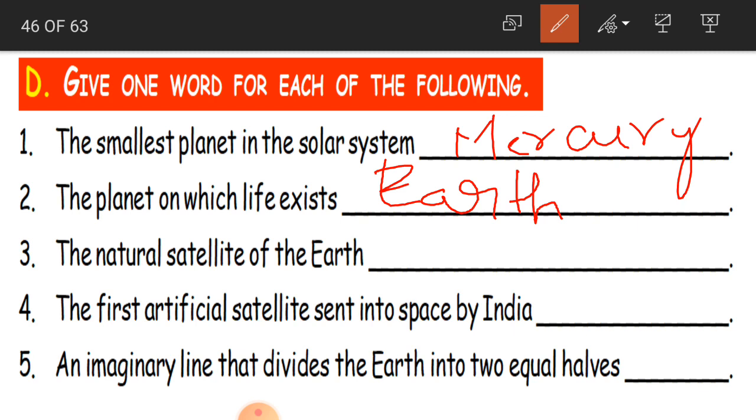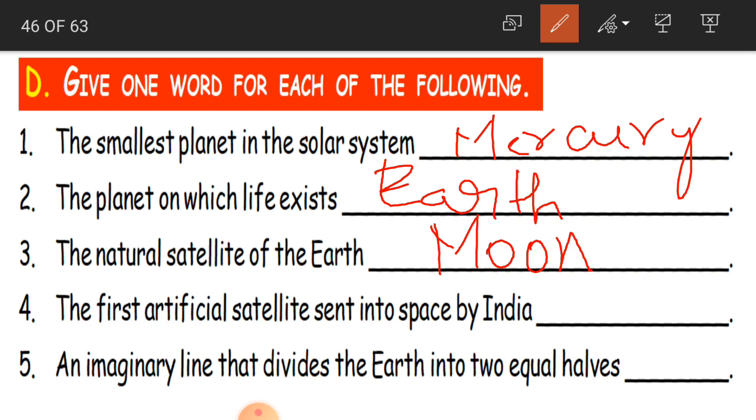Okay, now the third one is the natural satellite of the Earth. It is our beautiful moon. Now the fourth one, the first artificial satellite sent into space by India.